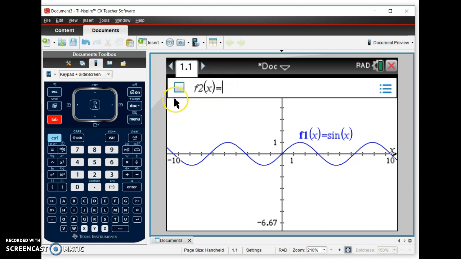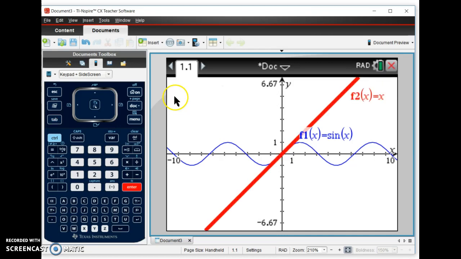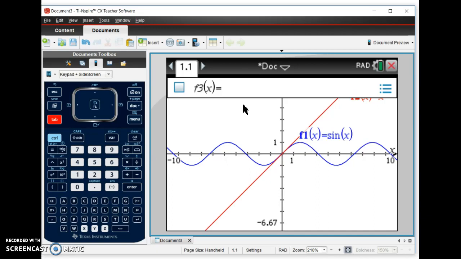If I hit tab, I can graph something else, and I could graph just one term of the Taylor polynomial. So if I use a polynomial of degree 1, as long as I'm really close to 0, these two graphs are pretty much the same thing, but as I get farther from 0, it's less of a good approximation. I'm going to make another function that just shows me the error. So the error is going to be the difference of f1 of x minus f2 of x.